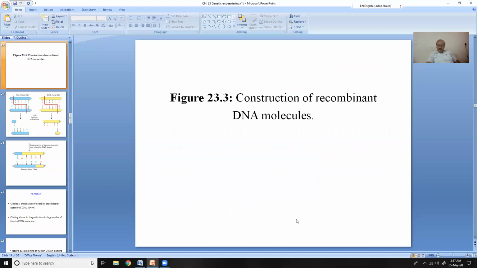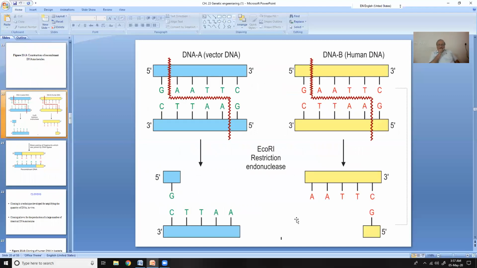Construction of recombinant DNA molecule. So we are having a photograph. You see this?